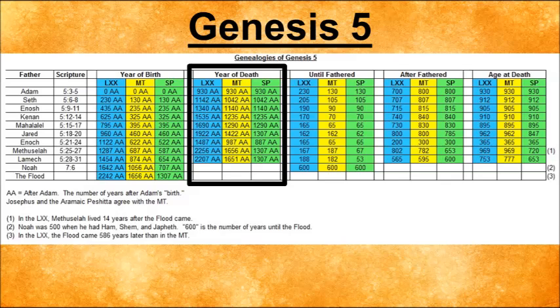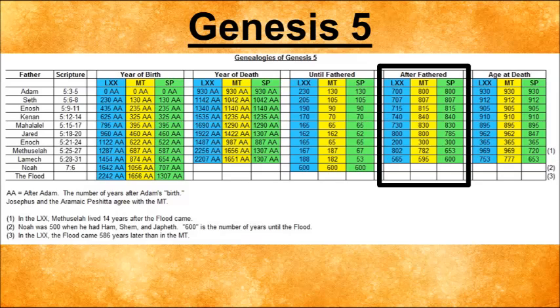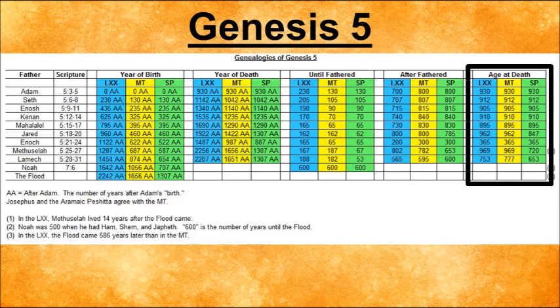The second set of columns are the years between Adam's birth and each person's death. The third set of columns are the number of years from the person's birth until they fathered their firstborn. The fourth set of columns are the number of years from when they fathered their firstborn until their death. The last set of columns are the number of years that person lived.